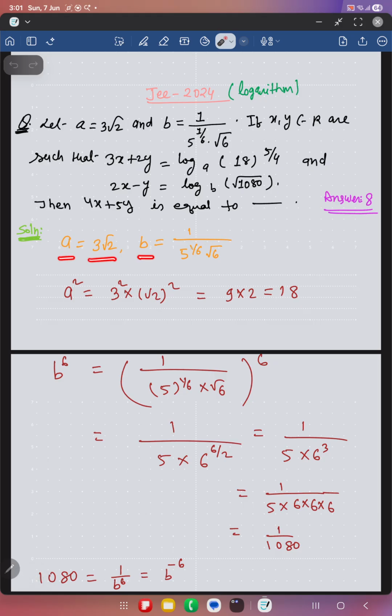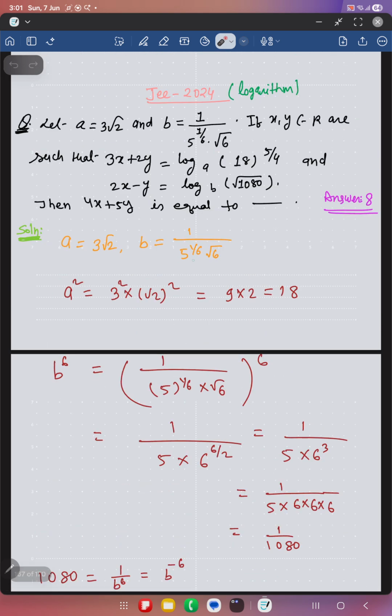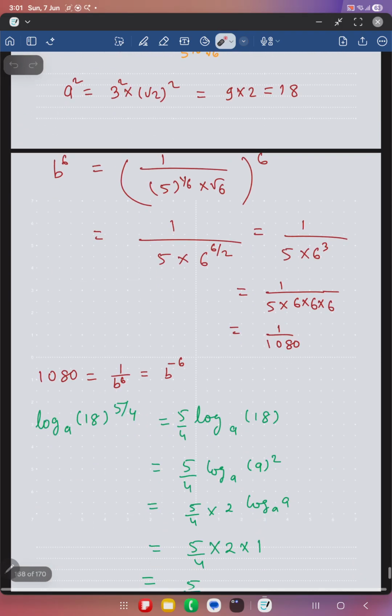A is 3 root 2 and b is 1 upon 5 power 1 by 6 into root 6. So first we will solve this. A square means 3 square into root 2 square, that is 18. Then we will solve b. Now b has power 1 by 6, so we take b power 6. 1 power 6 will be 1, 5 power 1 by 6 into 6 will be 5 power 1, and 6 power half into 6 gives 6 power 3.